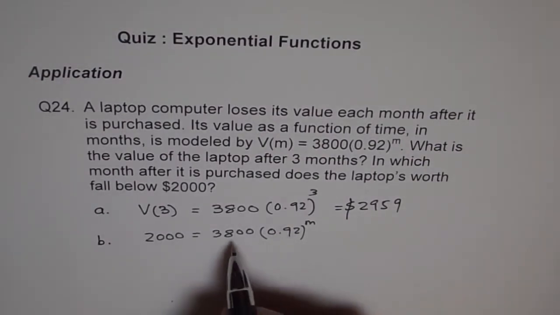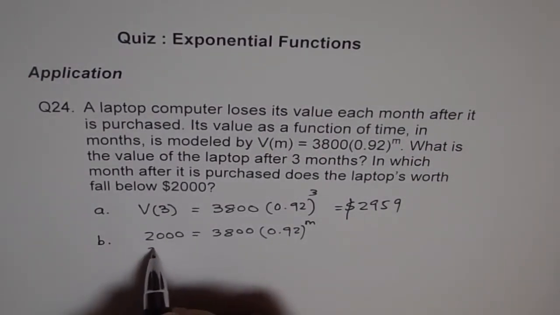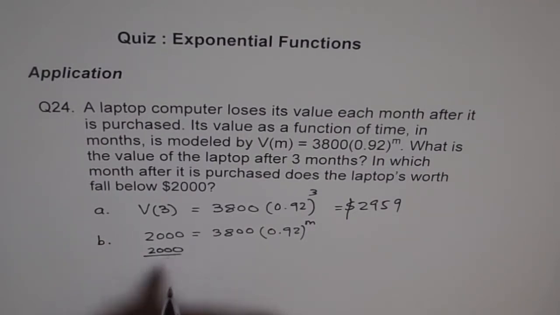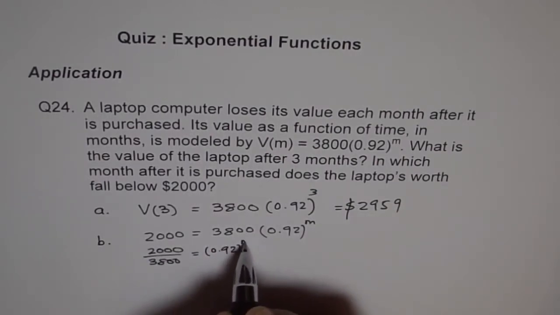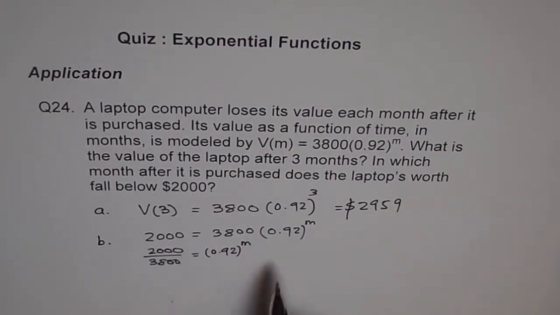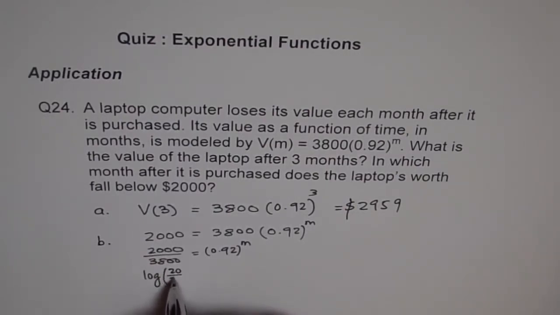To solve this equation, we divide by 3800. So we get 2000 divided by 3800 equals 0.92^m. Then we can take the log of both sides. Let me write this as 20 over 38 for the time being; there's no need to simplify it further.